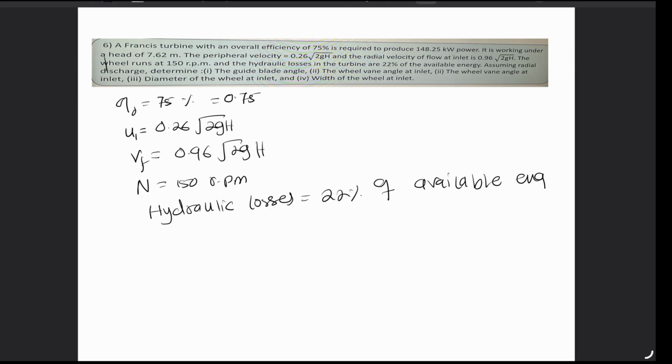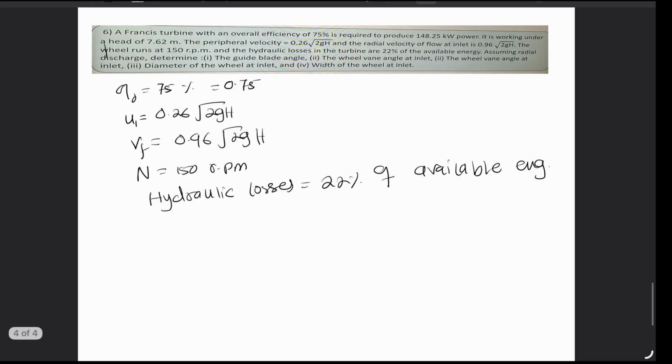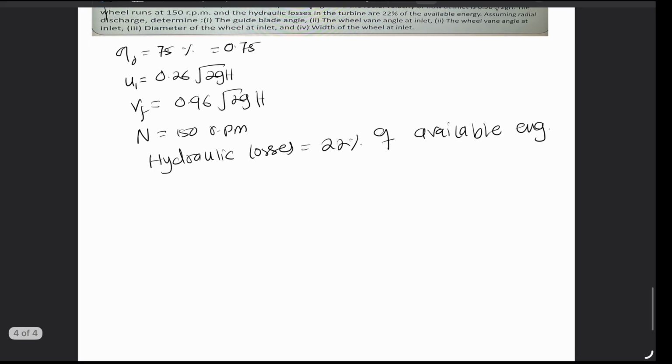of the available energy. The next one, we have to take one concept of hydraulic efficiency. Let's take it in such a way that we take the total head at inlet.